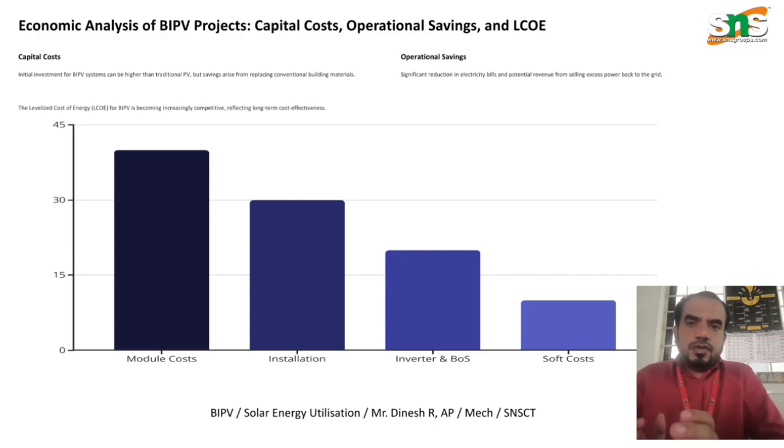The main purpose of BIPV is to give energy to our building and to improve the overall aesthetic look. Whenever we use any solar system, not only BIPV, the initial cost will be higher, but over a long time, considering maintenance and overall efficiency, we get more benefit than the traditional method.